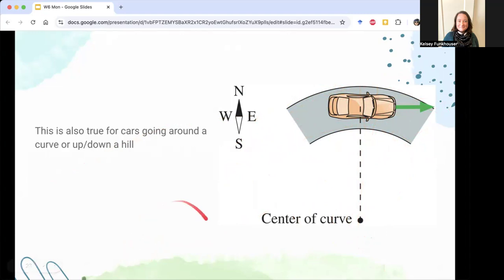And we'll also see examples later this week with, like, if we're on a hill and the car is here, the center of the circle is down below the car. And if the car is in a dip, and it's here, and the center of the circle is up above it. But we'll see more of that later.